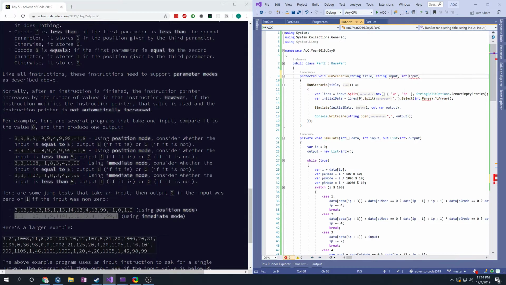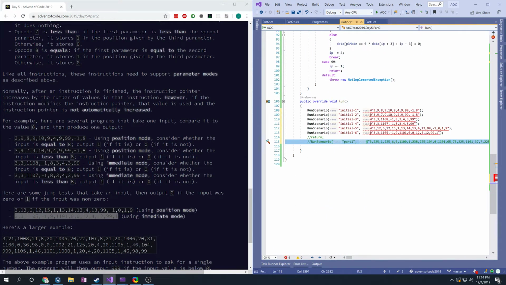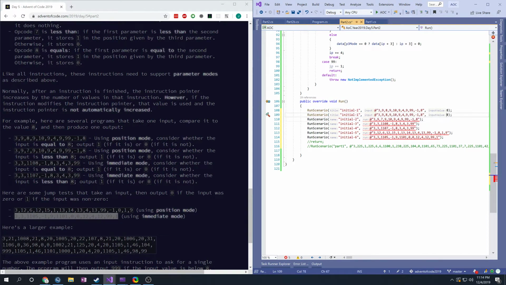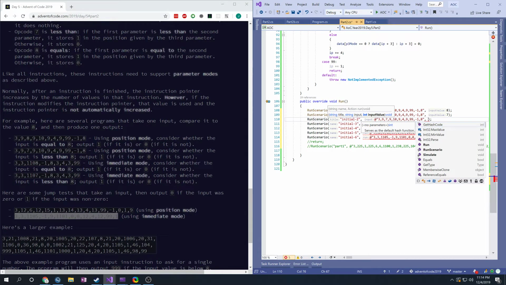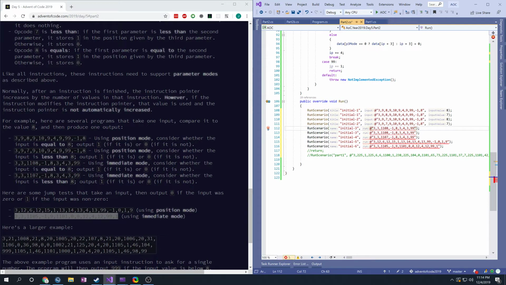Input. The input value is set up as different things. Keep this commented out for the moment. Okay, so we'll try 8. Try 7. Try 8.